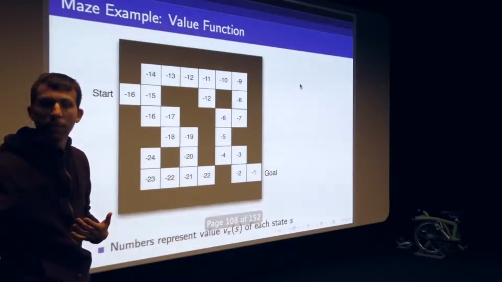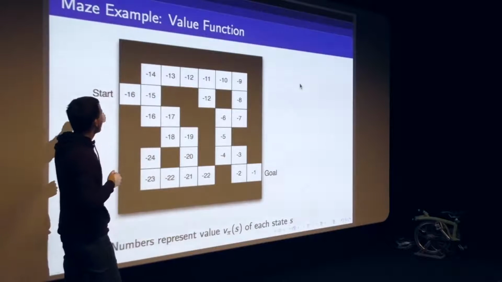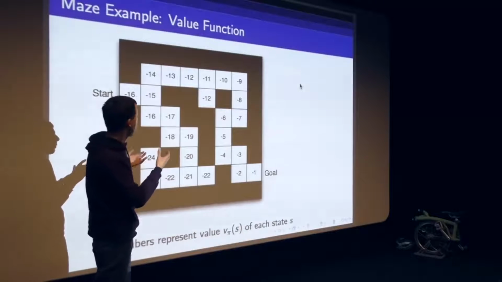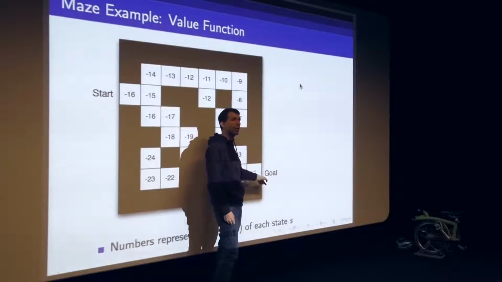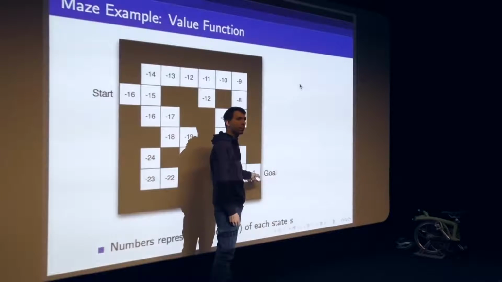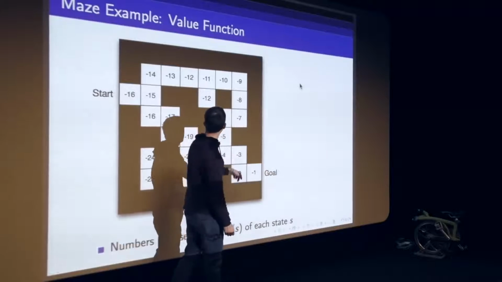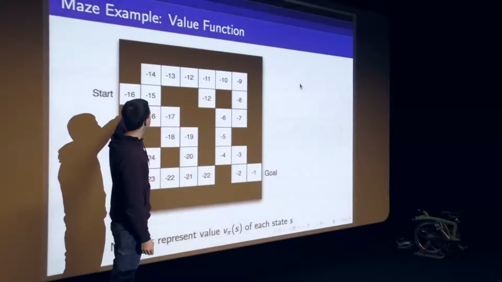The value function, remember we're going through these three key concepts. The value function looks something like this. This is the value function for each of these states, where we know that if we're just about to reach the goal, we're only one step away from the goal here, so this must have a value of -1. Here we're 2 steps away from the goal, so this has a value of -2. If we go all the way back to here, we have a value of -16.